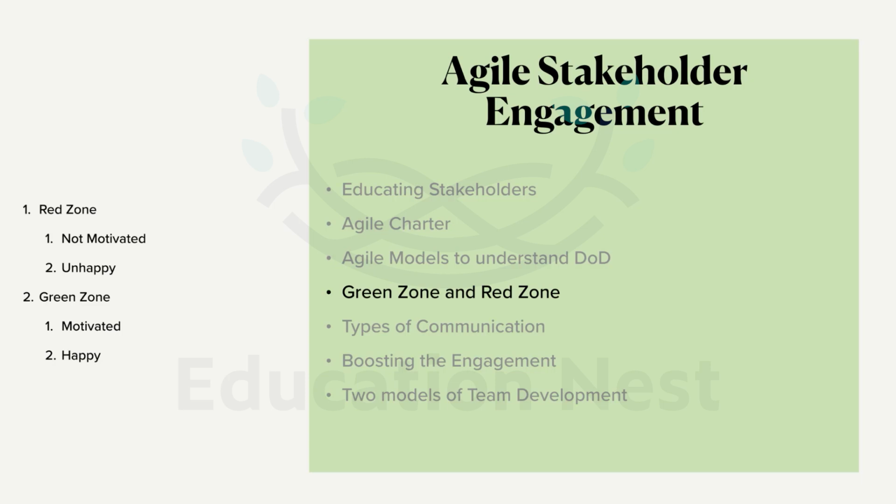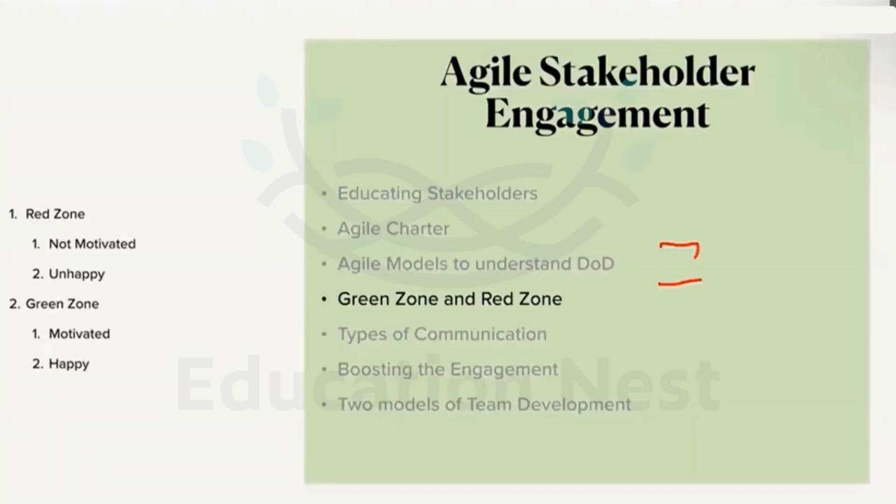If we go back a little in the engagement lesson, we identified a list of stakeholders, and then we identified in different sections what is their current stage and what is the desired stage, right? For every current stage and desired state there is a gap, and we as project managers have to bridge it, to bring a person who is in the current state to a desired state, right?